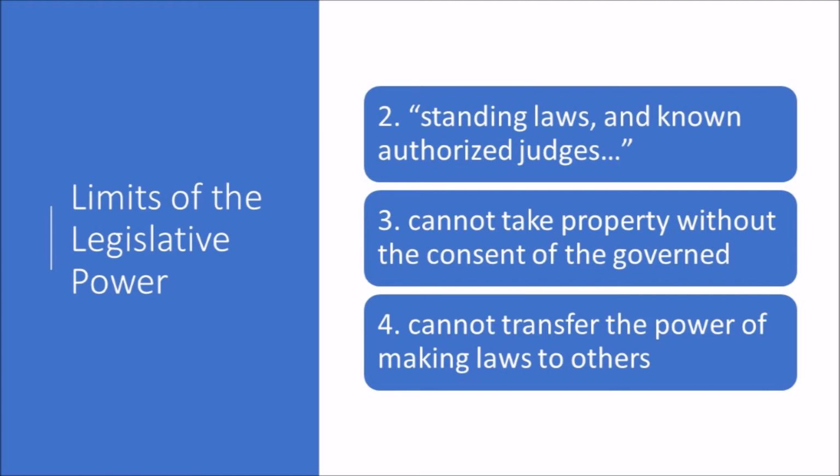And the whole no taxation without representation cry. The idea here, though, is that a government that can take your property has the power to take away that with which you need to live, and so could literally threaten your life, and therefore, again, you would not agree to it. And the fourth limit is that the legislative power cannot transfer that power of making laws to others.